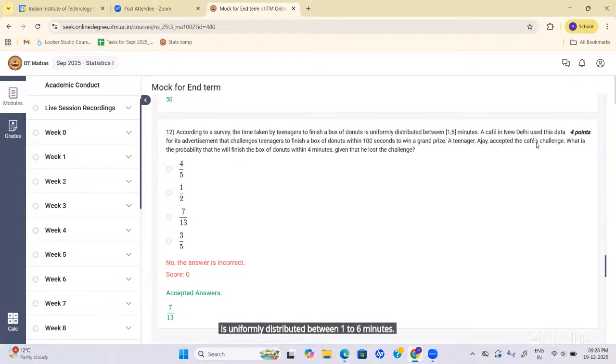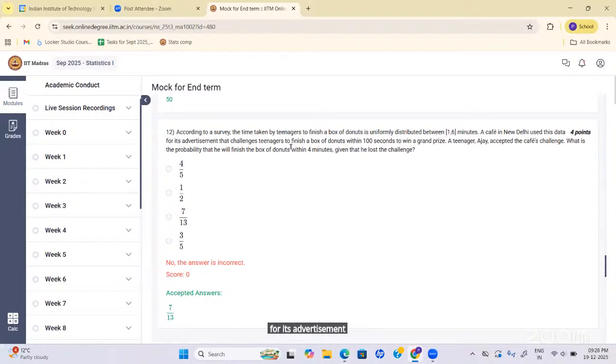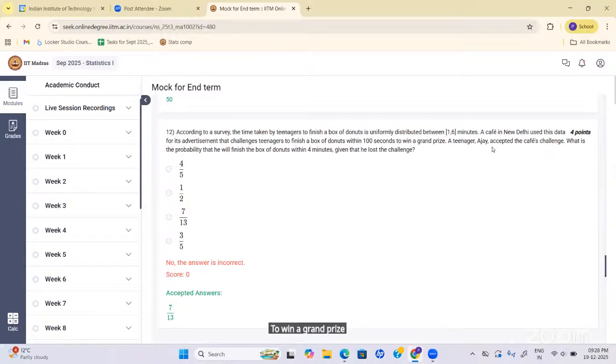So a cafe in New Delhi used this data for its advertisement that challenges teenagers to finish a box of donuts within 100 seconds to win a grand prize. A teenager, Ajay, accepted the cafe's challenge. What is the probability that he will finish the box of donuts within 4 minutes, given that he lost the challenge? So just read the last line. Tell me what probability we have to calculate here.